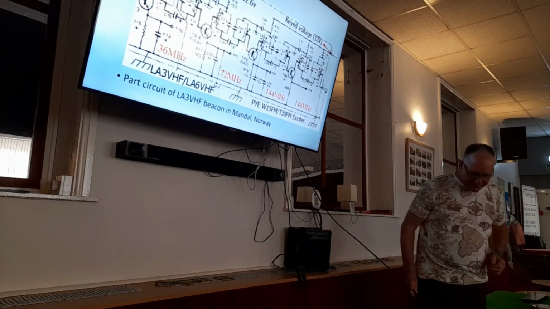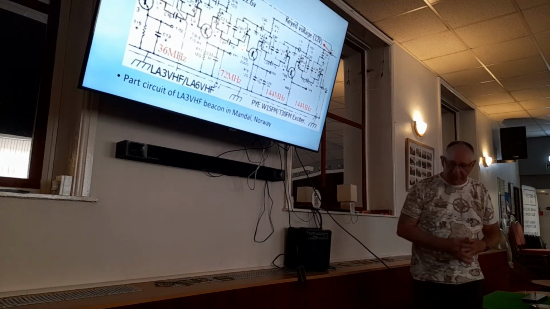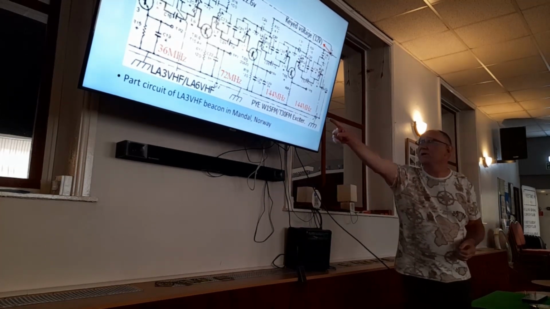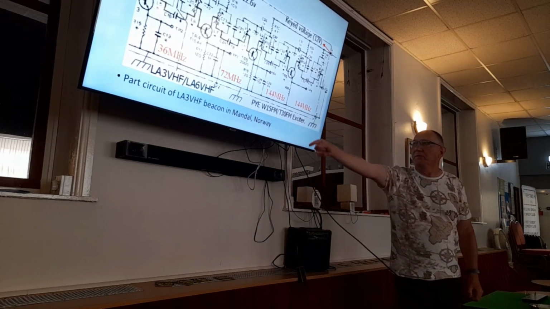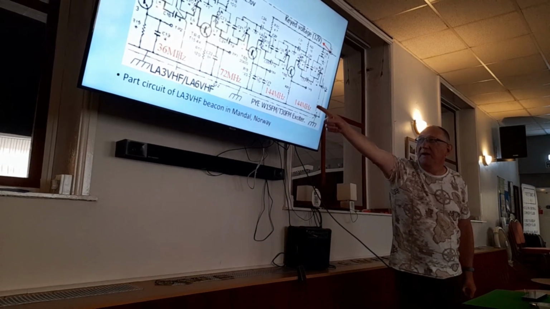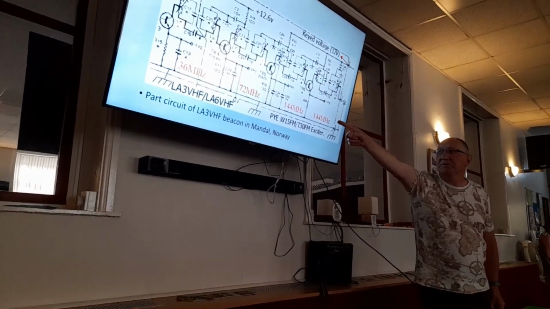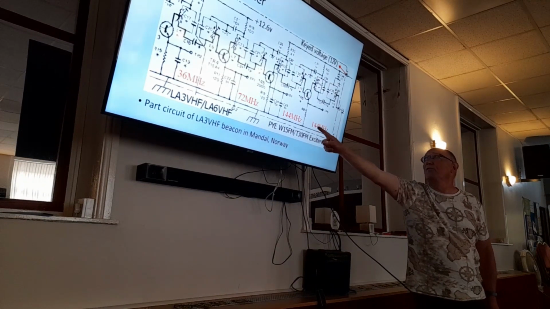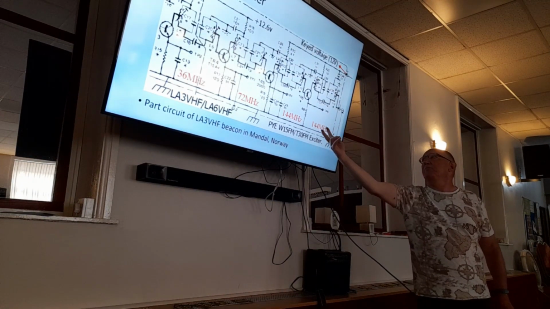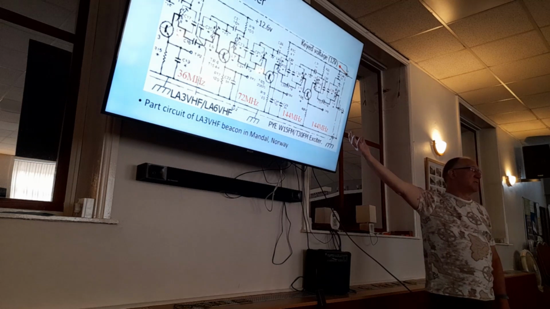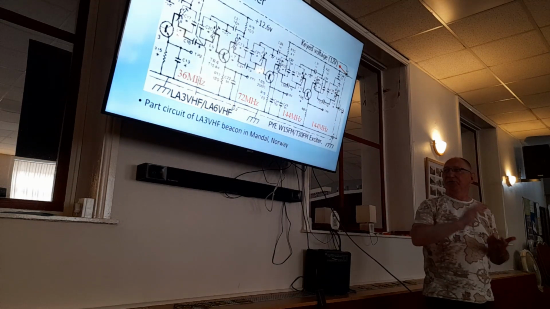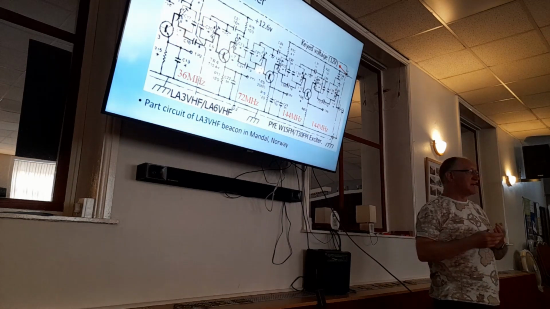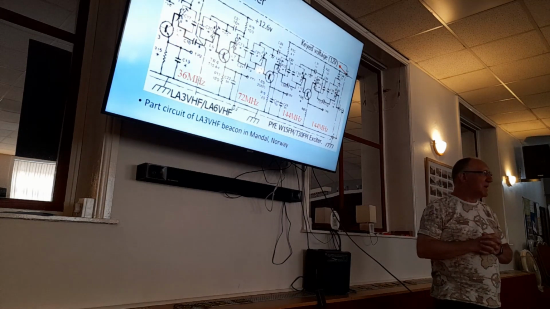Let's have a look here. This is part of the circuit of a beacon in Norway, and you can see there the way that they're generating the 144 megs output. They've got the first stage down there, 36 megahertz, then they're doubling that, 72 megahertz, they're doubling it again to get 144, and then you've got an extra filter and amplifier in there just to make sure that what's coming out is clean and you're not actually transmitting on 36, 72 and 144 all at the same time, which would be kind of licence-limiting behaviour.